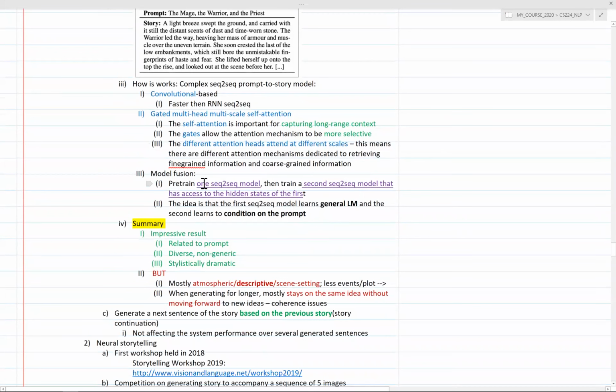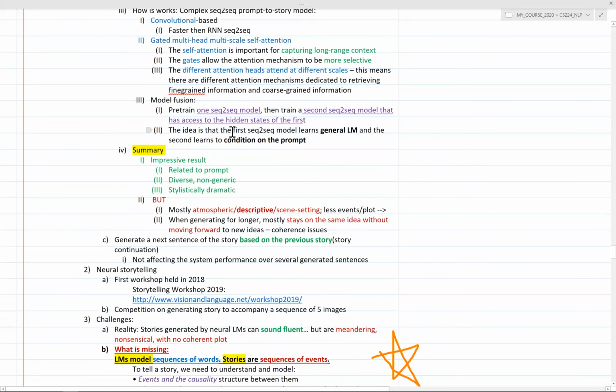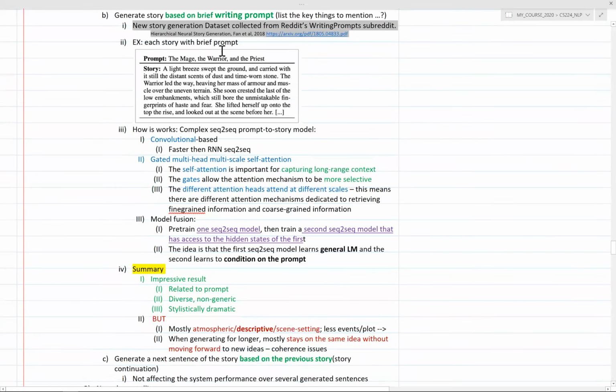What's special about this model is that it uses a pre-trained seq2seq model. It trains one seq2seq model first, and then trains another seq2seq model to access the hidden states of the first one. The idea is that the first model learns general language modeling, and the second learns to condition on the prompt, the input.